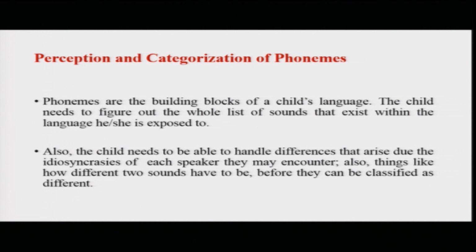Also, the child has to do this in a scenario which makes it very difficult, because different speakers speak differently. Suppose I were to say pink and you were to say pink and somebody else were to say pink, and if you analyze our utterances physically, you will see that each of them is physically very different.